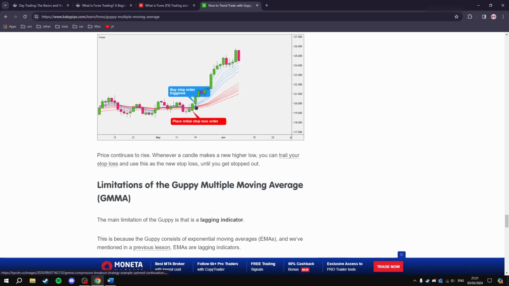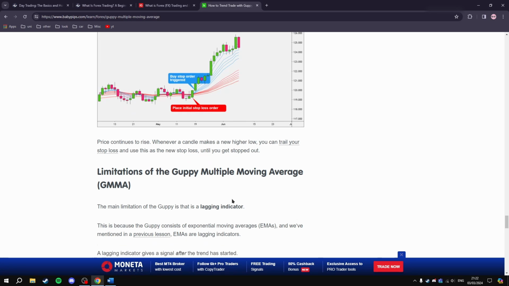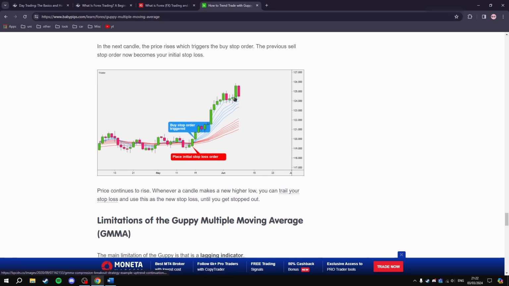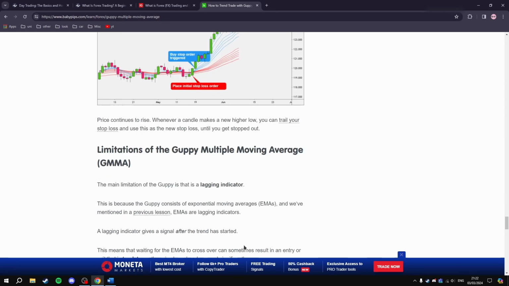So move your stop loss like here, and then here, or whichever one's the highest. I like to present here, here, here, here, like that. You use the new stop loss until you get stopped out, so until price drops below whatever the low was.